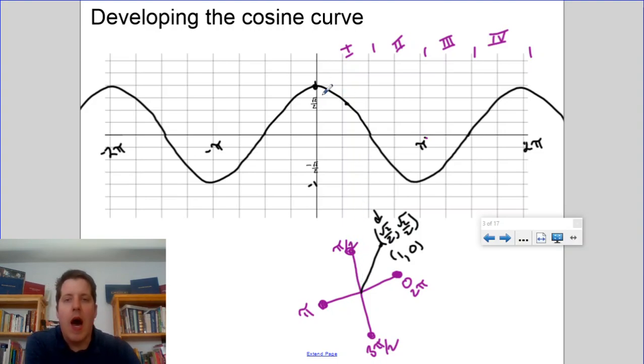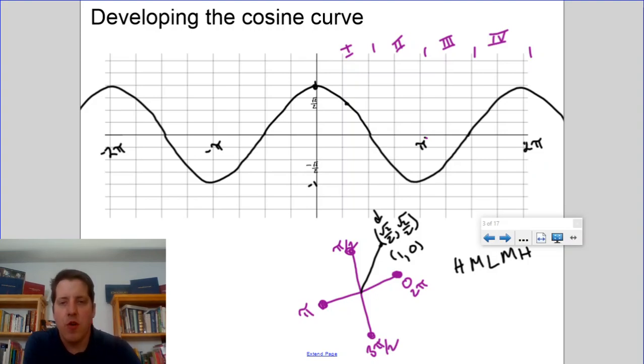Okay? Our pattern for this one is starting at 0, 1: high, middle, low, middle, high. Again, let me show you what that means.